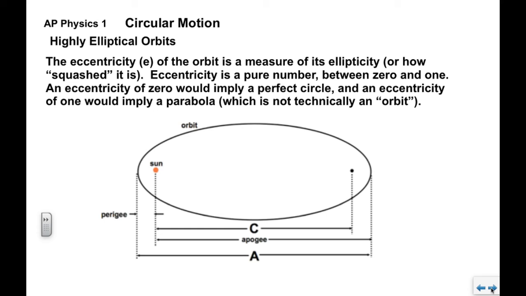If you can imagine the two focal points being moved closer until they were effectively on top of each other, now we have a circle. An eccentricity of 1 would imply a parabolic approach, which is not technically a closed orbit, so we won't deal with eccentricities greater than 1.